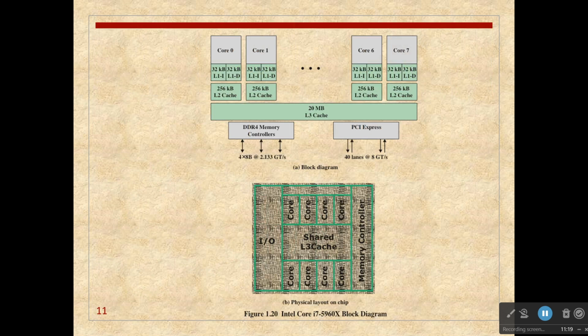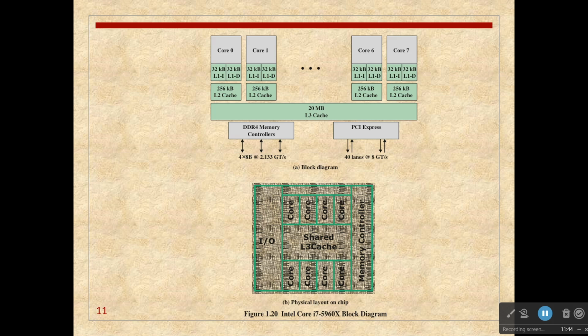An example of a multicore system is the Intel Core i7-5960X, which includes 6 x86 processors, each with a dedicated L2 cache and with a shared L3 cache. Please look at Figure 1.20.